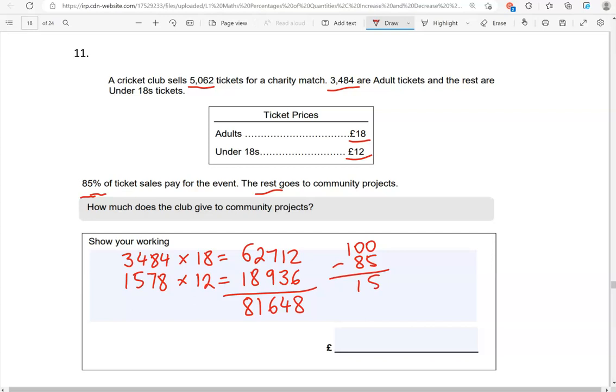So we're going to work out 15% of £81,648. So 15%, that's 15 out of 100 times 81,648.